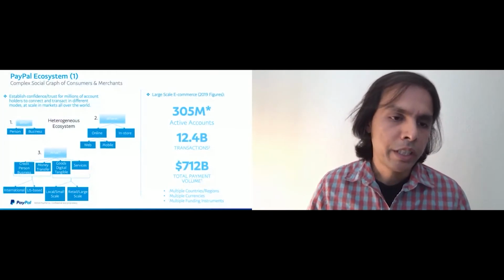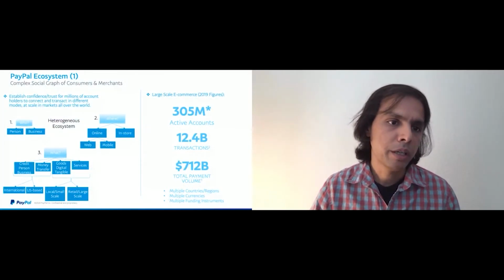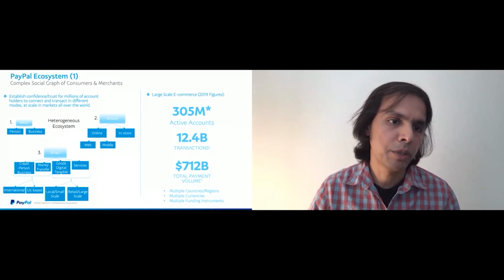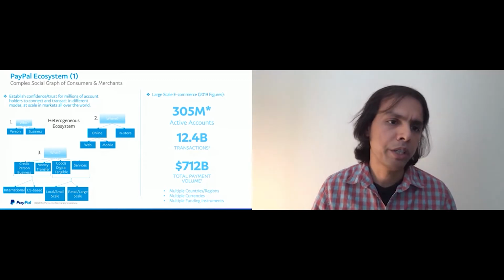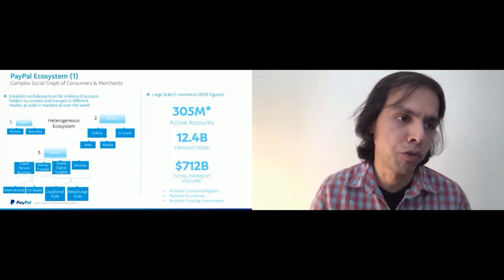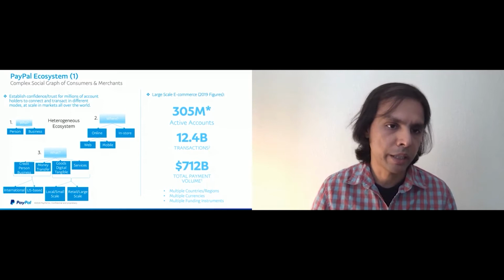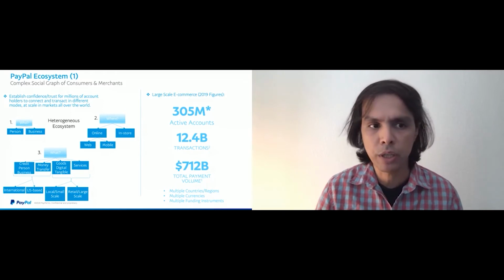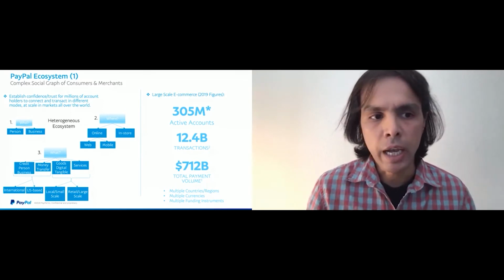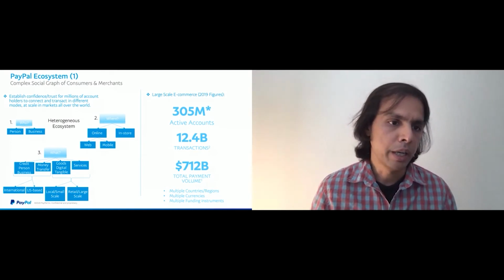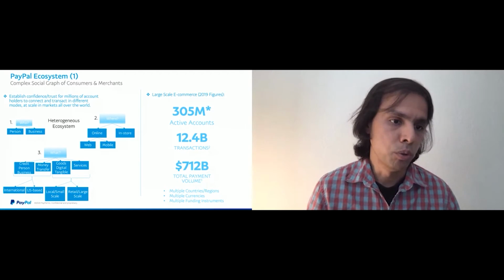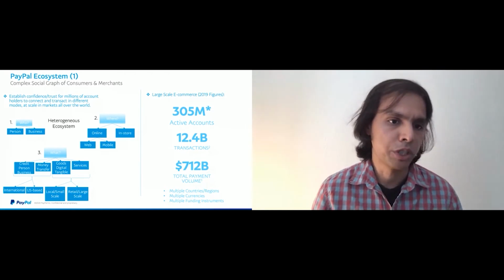The reason why it is heterogeneous, as I was mentioning earlier, is that the PayPal ecosystem is really a complex social graph of consumers and merchants. And the heterogeneity really comes from 3 different questions, right? First is, who are these people who are transacting on PayPal systems? These could be personal accounts, but these could also be merchants. And risk appetite, or risk averseness, is actually a function of who is interacting with the ecosystem.